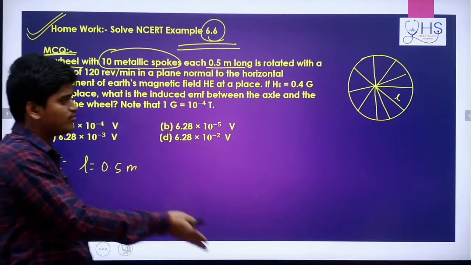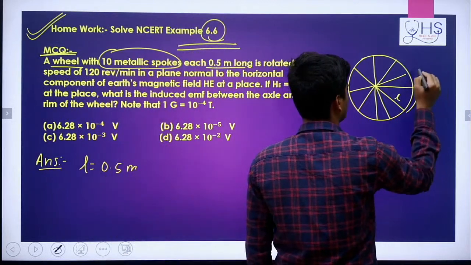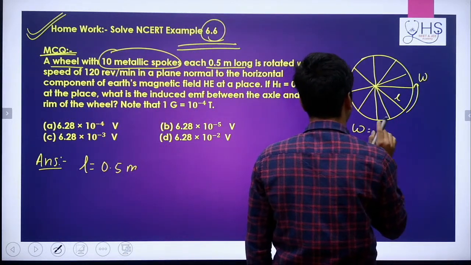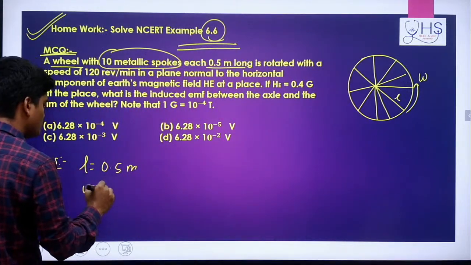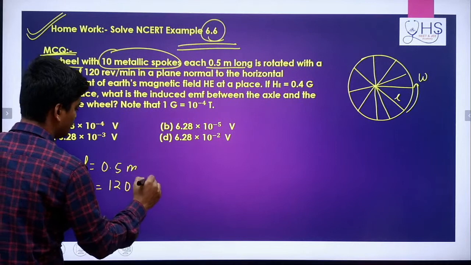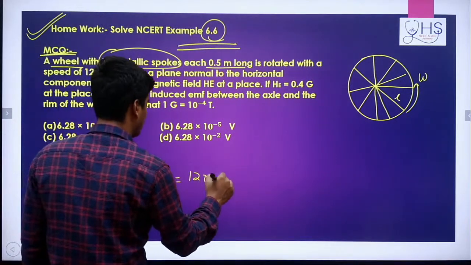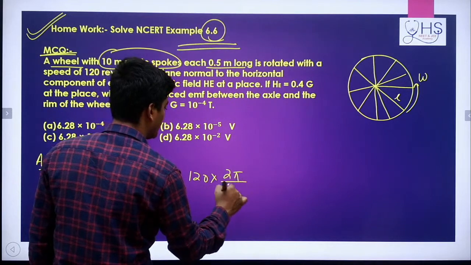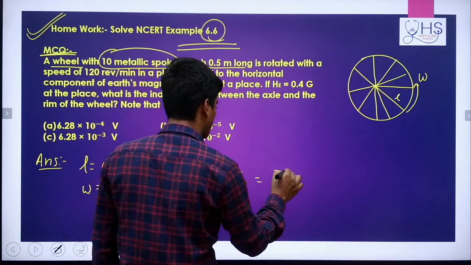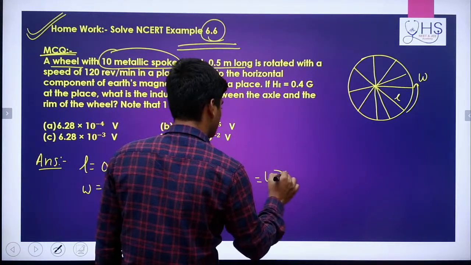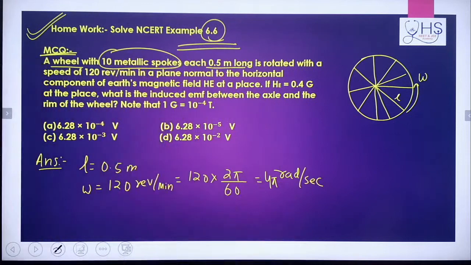Now all the spokes are moving like this with angular velocity omega. How much omega is given? Let me write it directly: 120 revolutions per minute. One revolution is 2 pi radian, and 1 minute is 60 seconds. If I convert this, I get 4 pi radian per second.